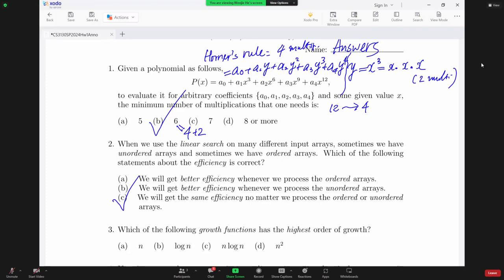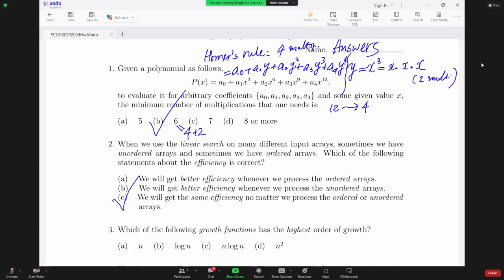Another point: for computer programs, after the computer receives input data, you do not do detection, ordered or unordered. If you do detection, it takes time.